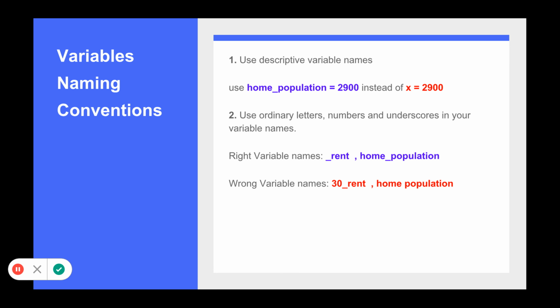I'd rather use home population than a value like x. However, this does not mean that using x is wrong in Python. Our second rule is that we are to use ordinary letters, numbers, and underscores in our variable names. Also, names cannot start with spaces and they need to start with a letter or an underscore.